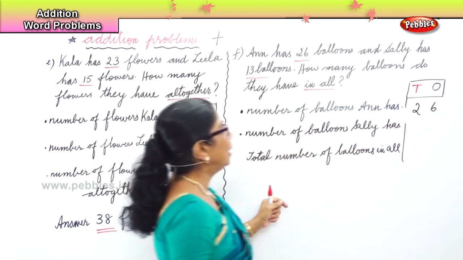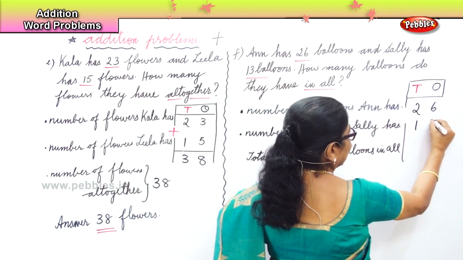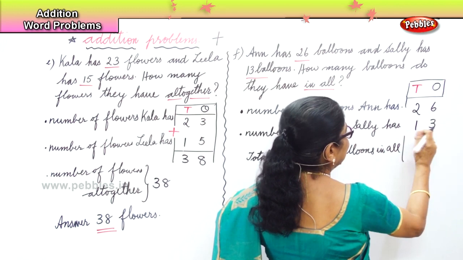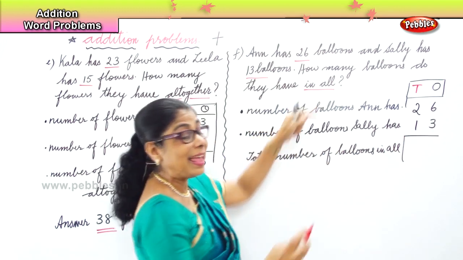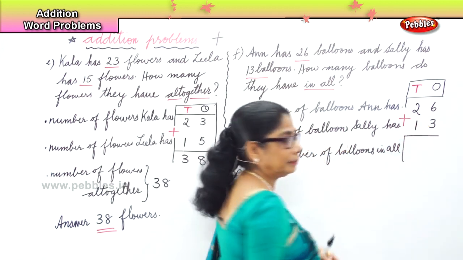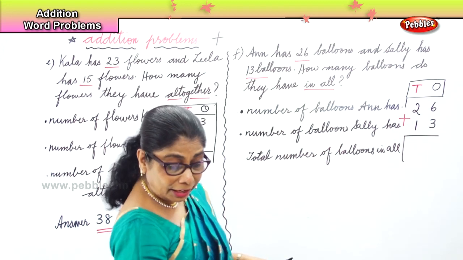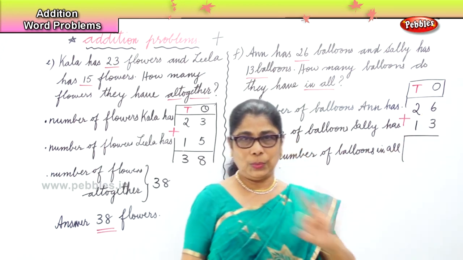Okay. Number of balloons Sally has 13. Now, in all means addition. Put the addition sign. First we do the adding of ones. 6 ones and 3 ones.